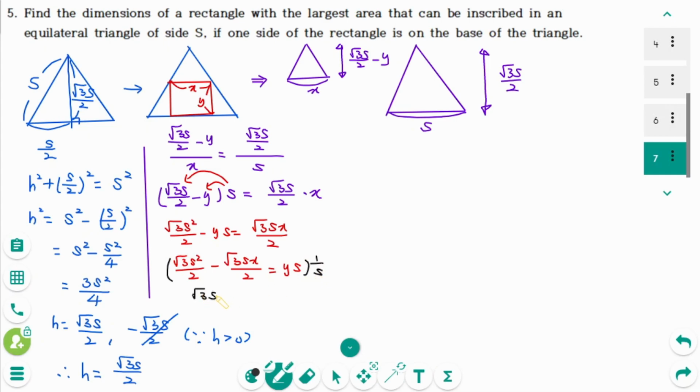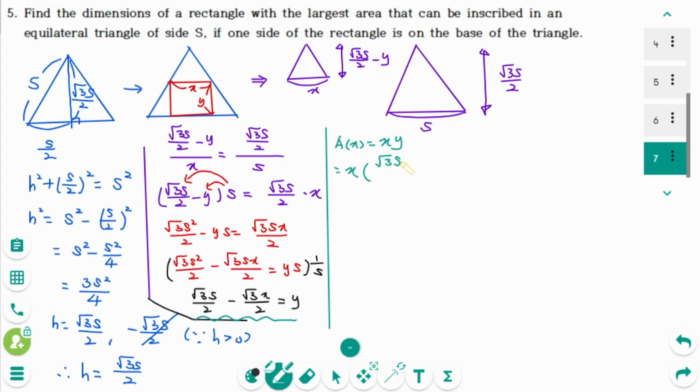Square root of 3 s over 2 minus square root of 3 x over 2 equals y. The area of the rectangle is A of x equals x times y. Then x times y is this one. Square root of 3 s over 2 minus square root of 3 x over 2.